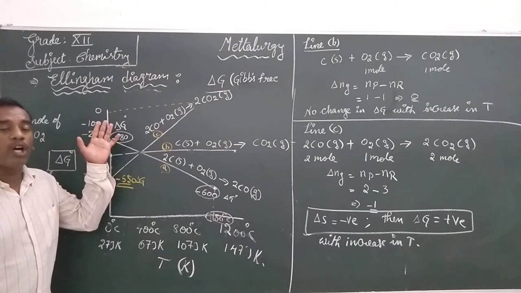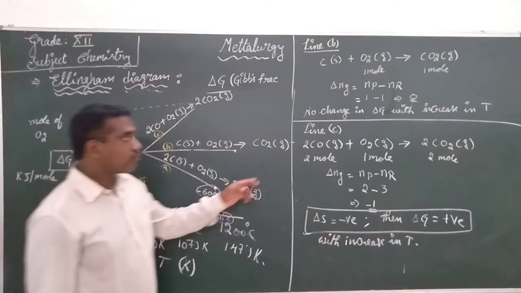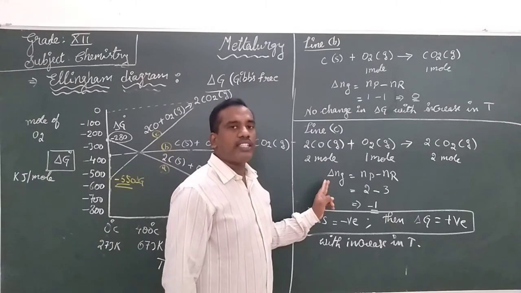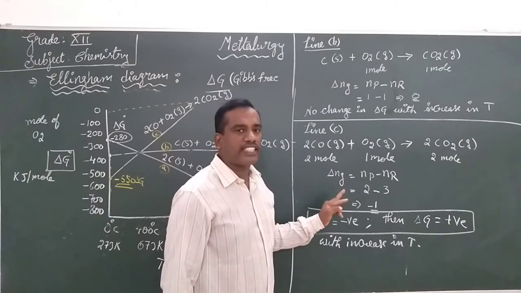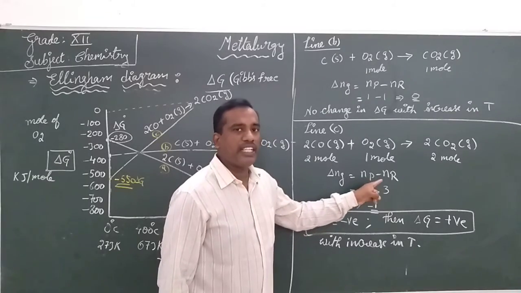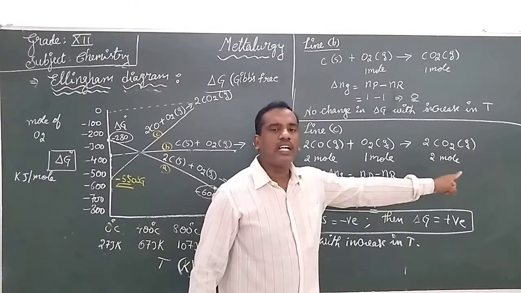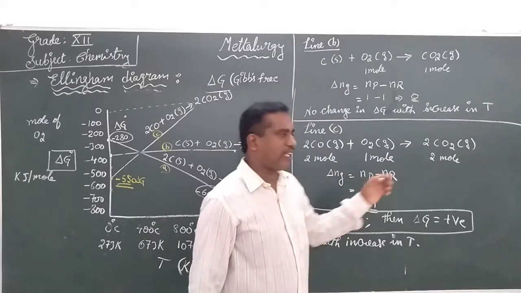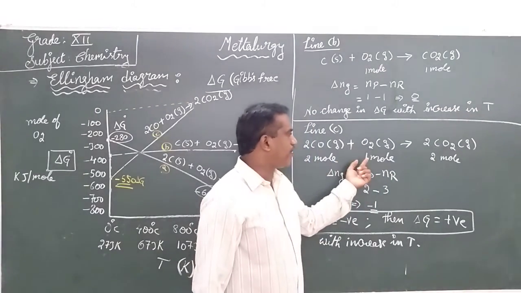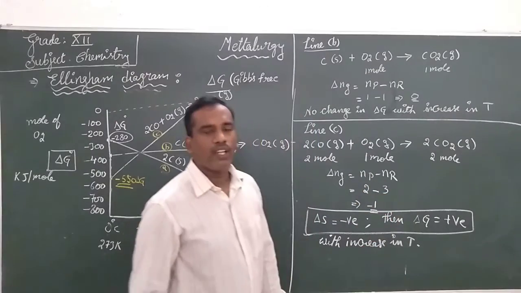It is becoming more positive instead of becoming more negative. Why? When you observe the change in number of moles of gaseous substances, the number of moles of products minus number of moles of reactants. How many moles of products are there? 2 moles of gaseous products are there. Whereas number of moles of reactants are 3. 2 minus 3, minus 1.